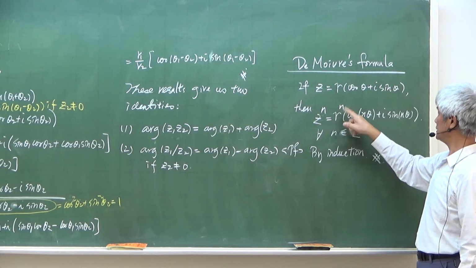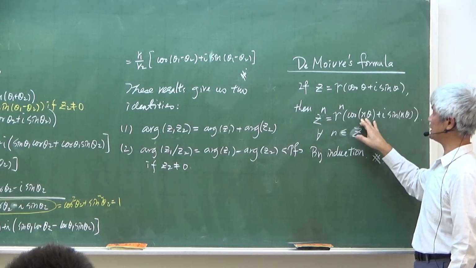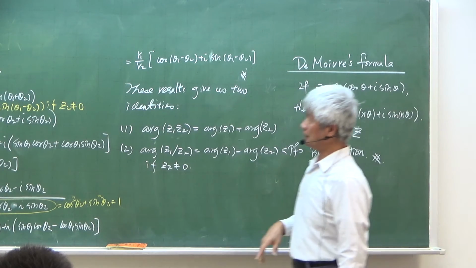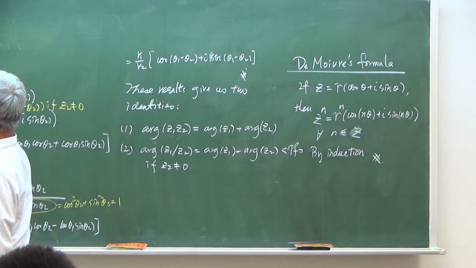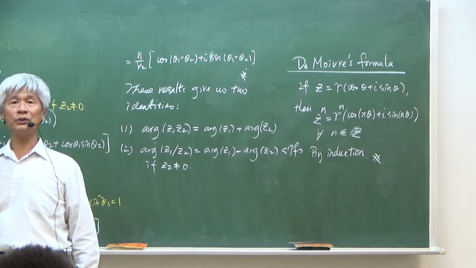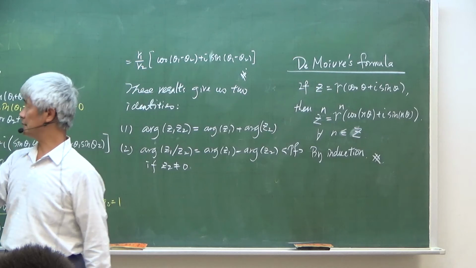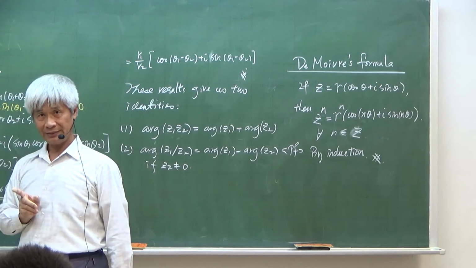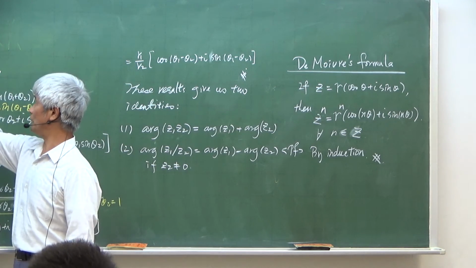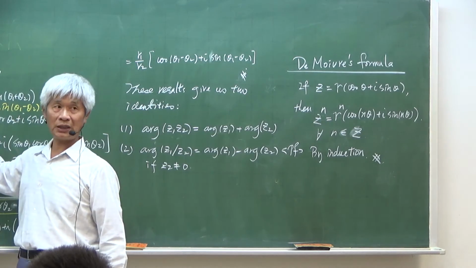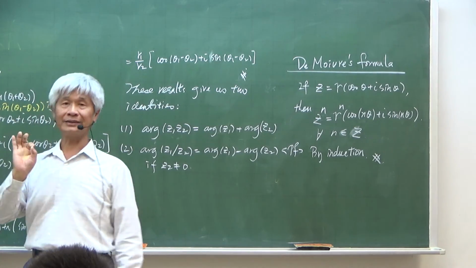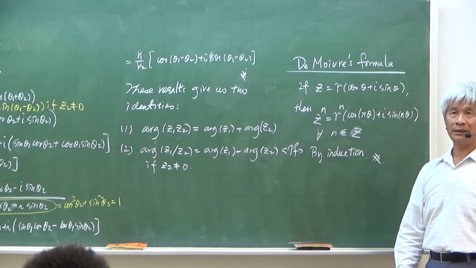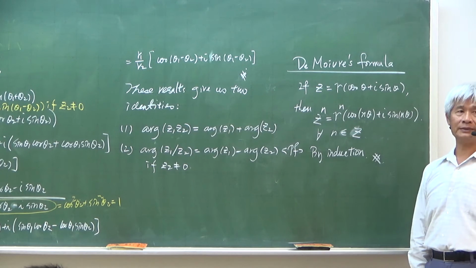So r to the 0 is 1, cosine 0 is 1, sine 0 is 0. It's 1. How about n equal to 2? You can apply the previous result with z1 and z2 both equal to z. Then theta 1 is equal to theta 2, and so z squared has argument 2 times theta. And by induction, you can prove that.